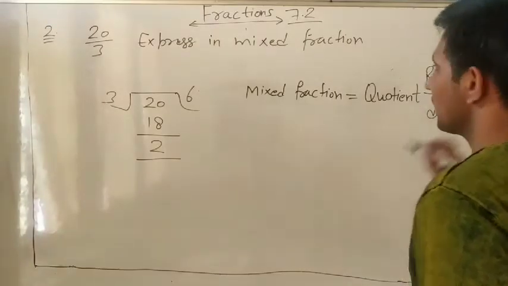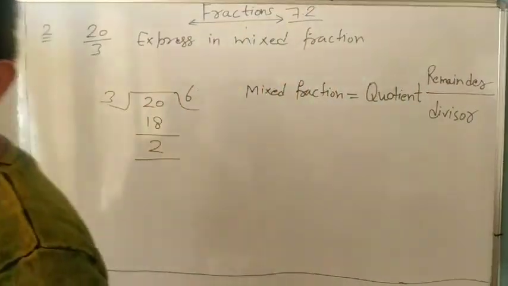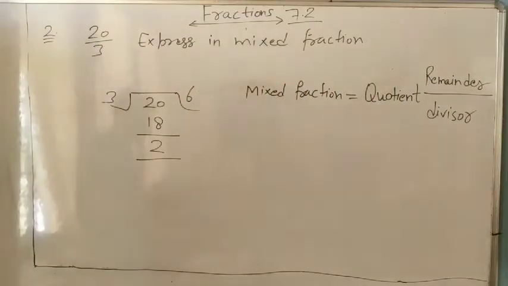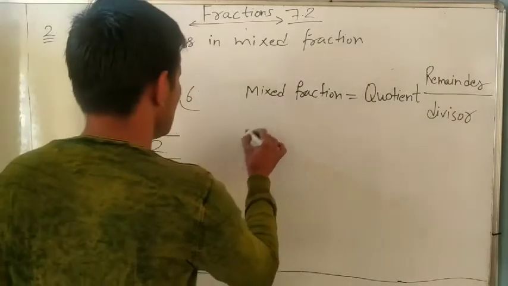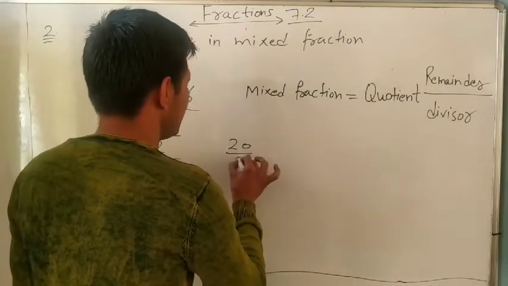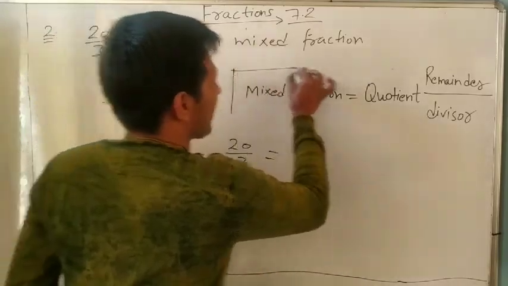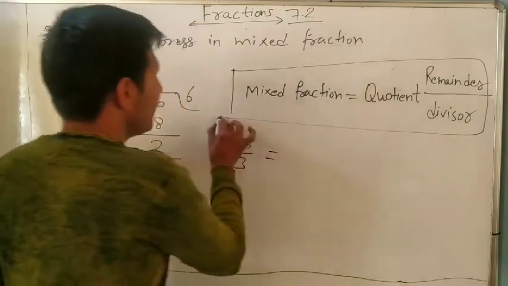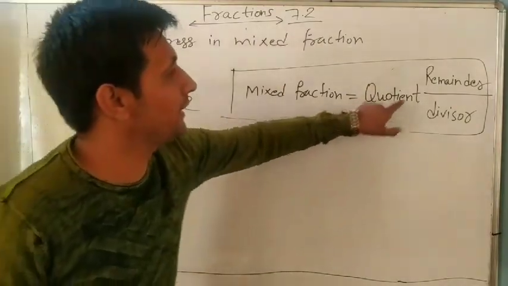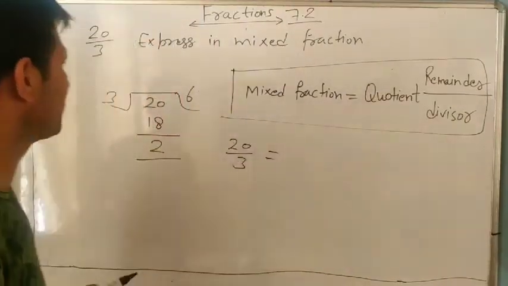Understand it? So 20/3, how will we write? What is the quotient? It is a formula. Note it down. Mixed fraction is quotient, remainder, and divisor.